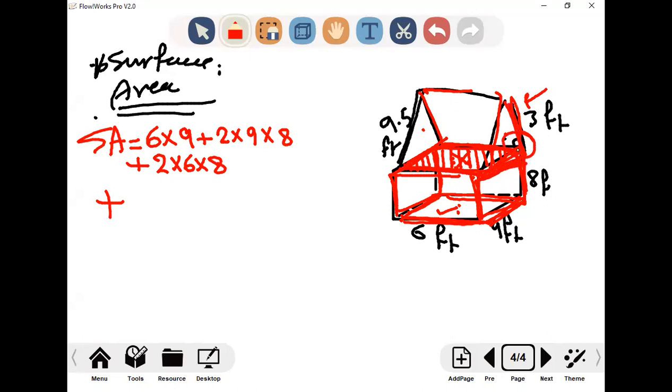So 2, because I have equal triangles, multiply the area of one triangle, half the base, 9, same as this base, and the height is not 9.5. So 9 multiply 3. I'm done with the two triangles, left and right. How many rectangles are still left?